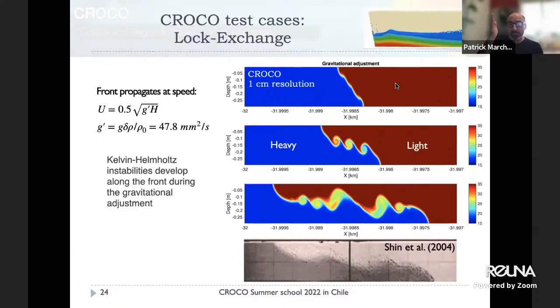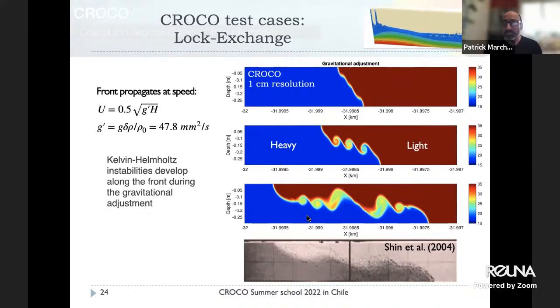You release the wall instantaneously, and you let the fluid adjust, and there is gravitational adjustment that then produces a propagation in one direction and the other until the fluid becomes equilibrated with the light water on top and the heavy water at the bottom.